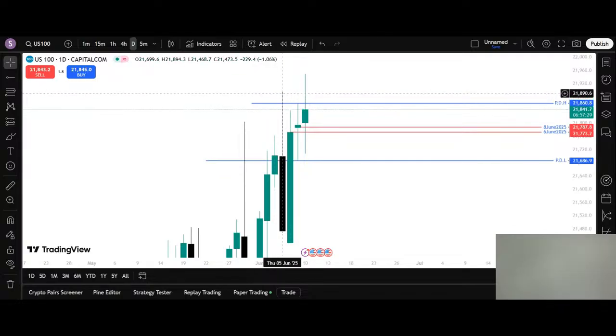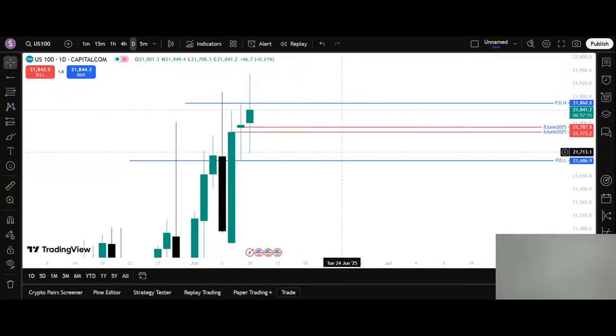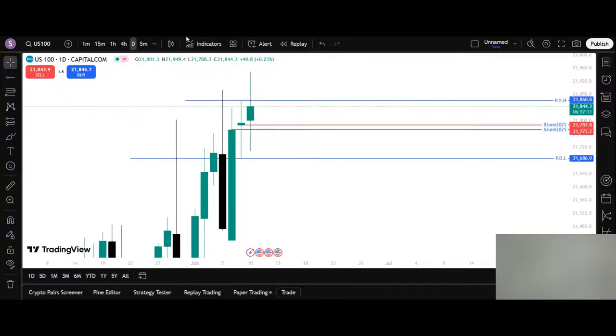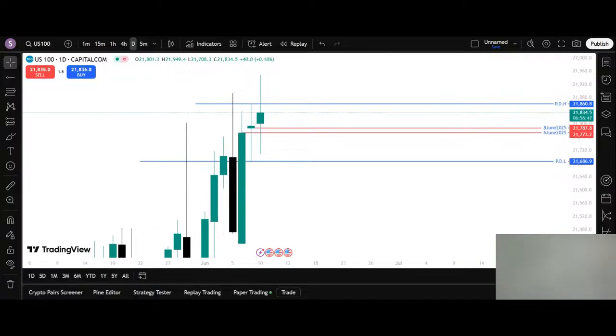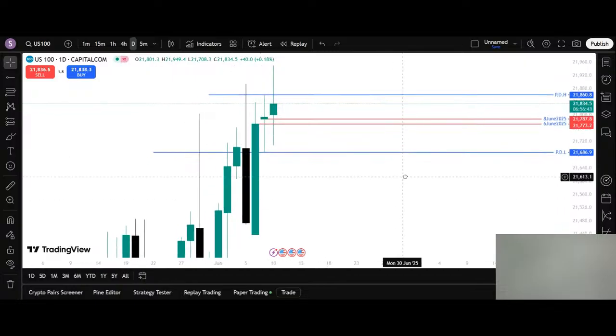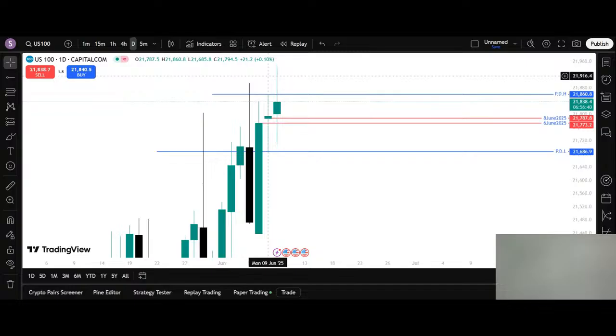Price gave a pump till here, took the liquidity here. Then it did take this liquidity up here.